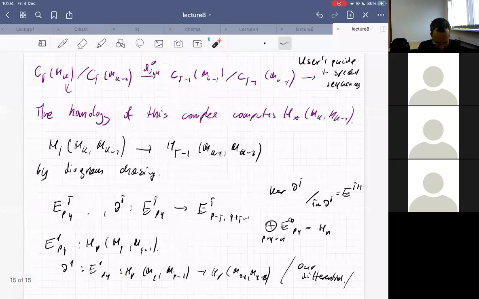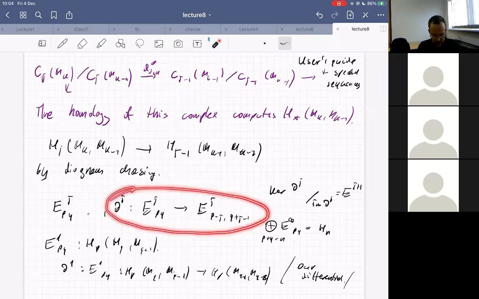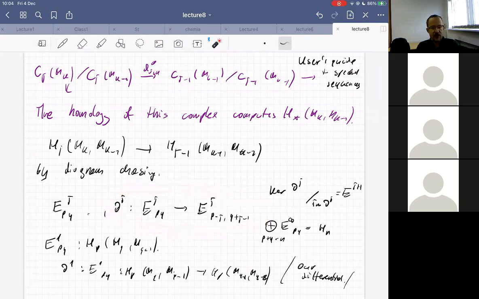So this gives you, if you look at diagram chasing, a map from here. It's much better to watch a video with someone doing diagram chasing than trying to decipher all the kernels and cokernels in the spectral sequence.